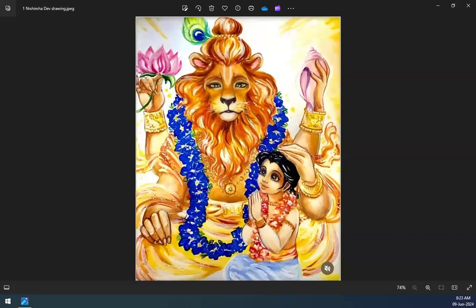Part 3, verses 12 to 15, Maitreya Muni summarized primary creation, Sarga.